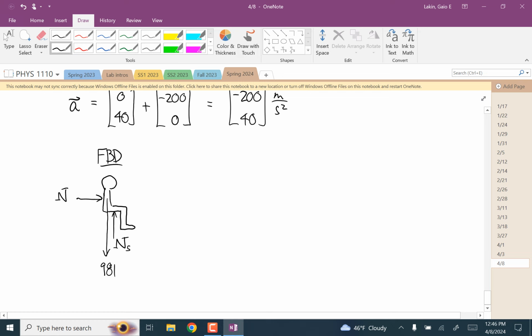One thing that's going to come up here, we'll see it in a second, is that this N for the back, N_B, is going to come out to be negative, and we'll talk about what that means. But this is a complete free body diagram.